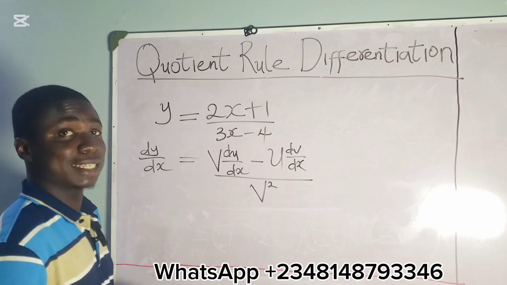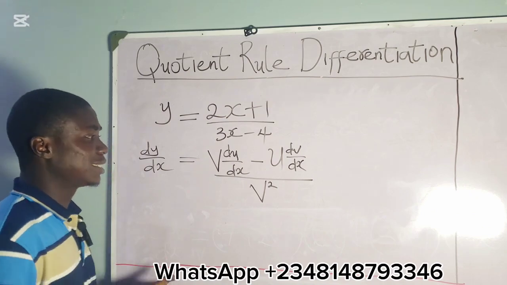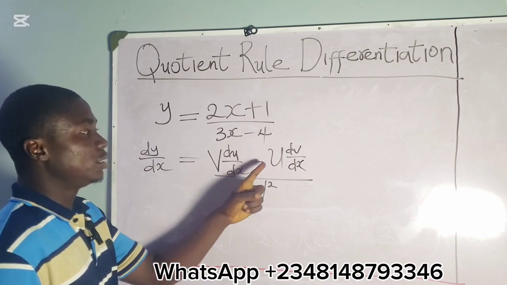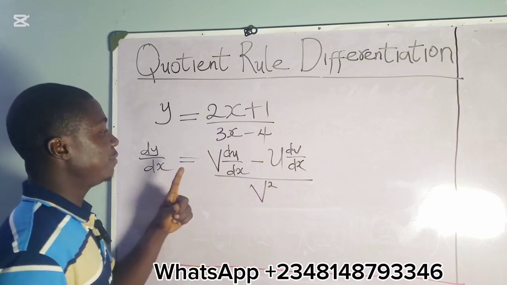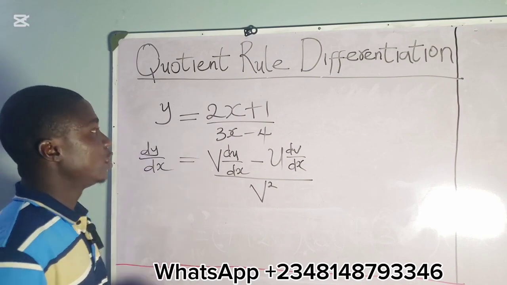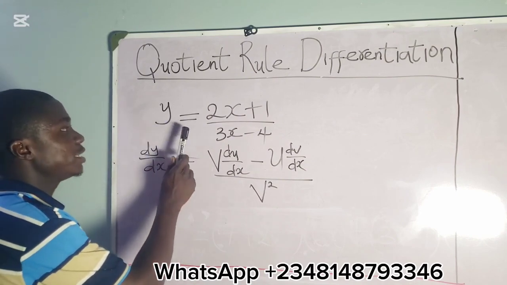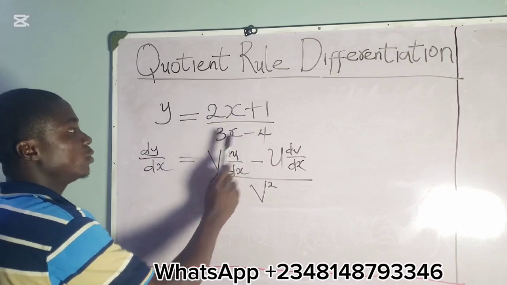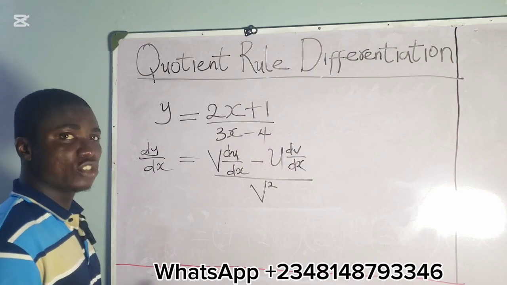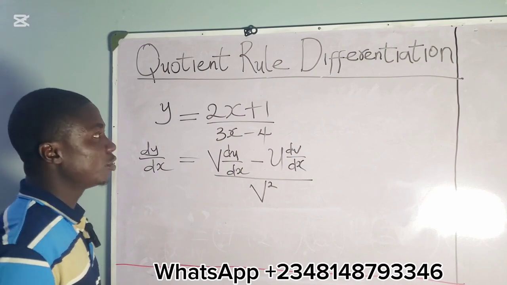So what's our next task here? Our next task is to identify our v and u from the question given. Remember, we are given that y is equal to 2x + 1 divided by 3x - 4. So what is our u and what is our v?